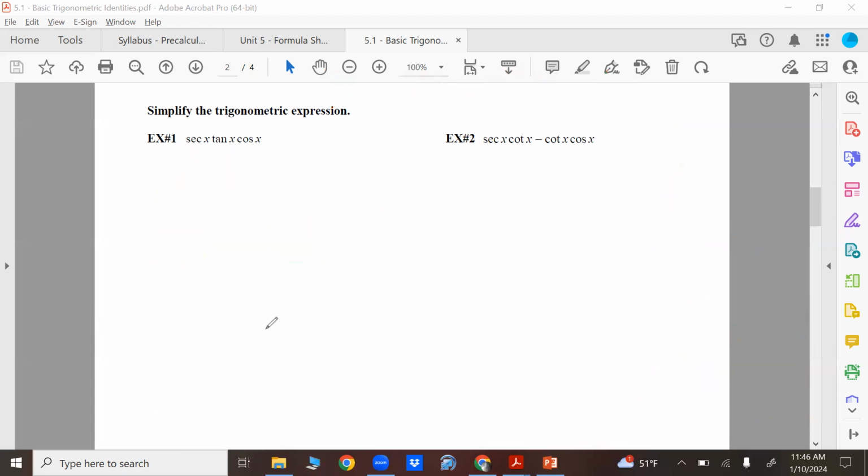Okay, let's try example 2. I'm probably going to do some more substitution, right? Actually, before I do that, let's back up a little bit. Another rule of thumb: factor, if you can. Why not? So you have this minus this.